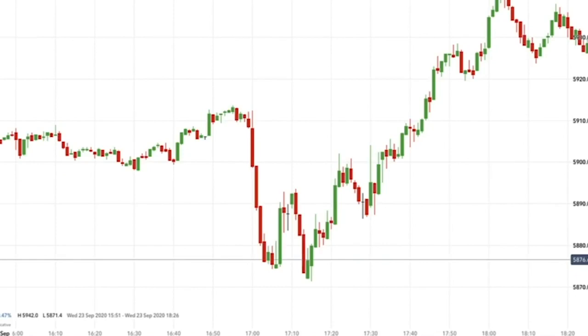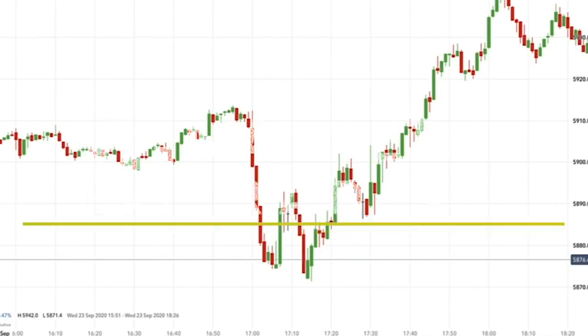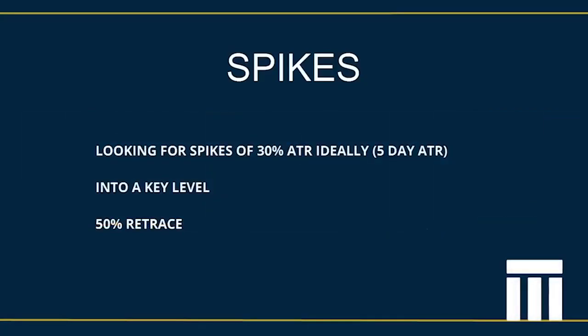Okay, for the spike trades, we're looking at three key rules here at Magnetic Trading. The spike needs to be at least 30% ATR of the 5-day average true range. So it's 30% of that 5-day average true range on the market, whether it be the Ftse, the DAX, or the ASX.